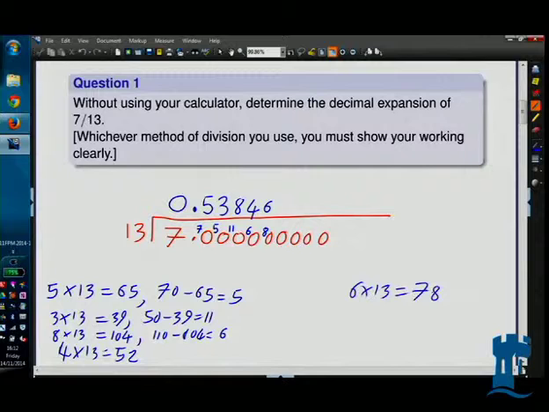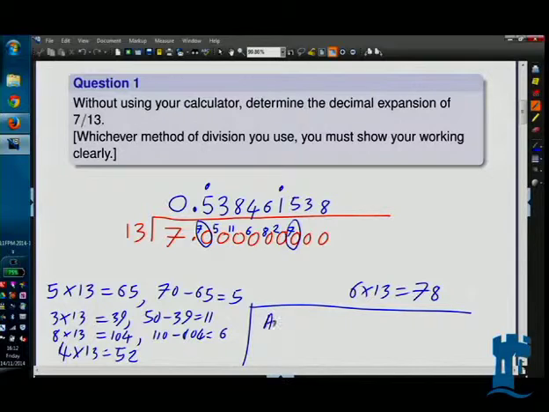No calculator in the exam, unfortunately. So we've got remainder 2, and that's going to give us 1, remainder 7. And now, fortunately, we've got a repeat at last. So it's just going to be repeating from now on, 5, 3, 8, and so on. And we could stop there.